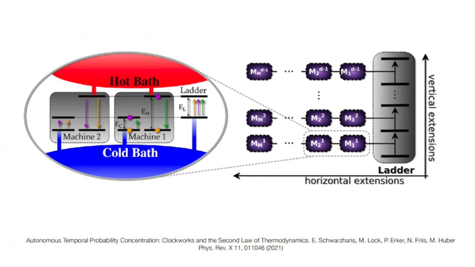But now the difference is that before, basically one machine was driving all the transitions of the ladder. Now we actually have not only one machine for each transition, but we can use a rectangular extension where we use M machines that are coupled to one of the transitions of this energy ladder. And they're coupled in such a way that they conditionally excite this transition in the ladder.